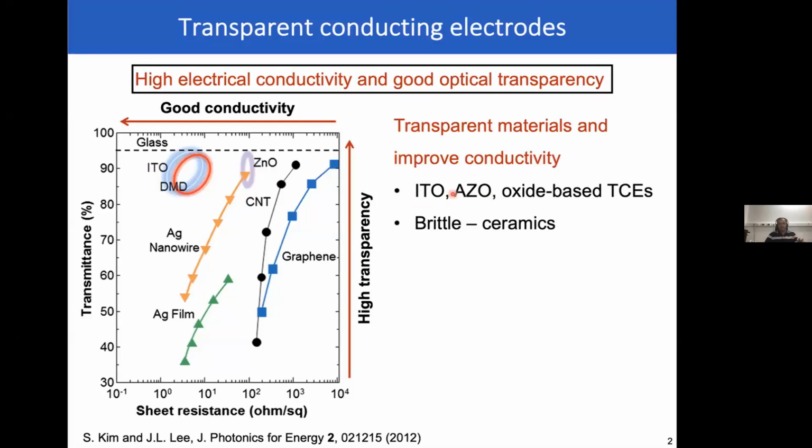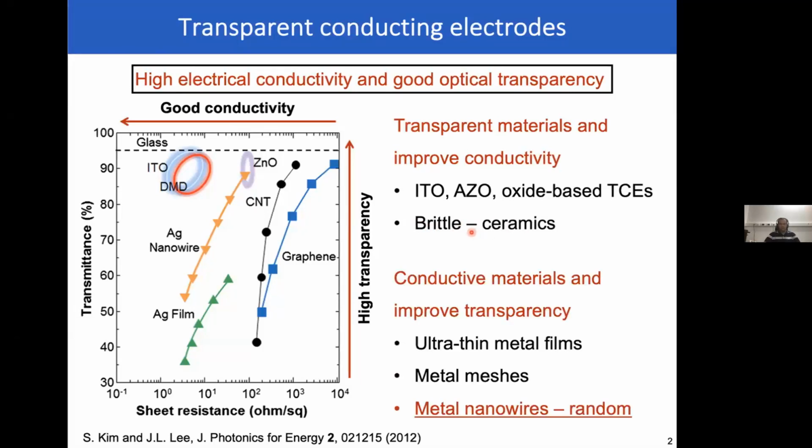These are typically wide band gap semiconductors, so they're transparent, and then by doping, they improve the electrical conductivity. Unfortunately, there's an issue with this. These are all ceramics, so they are brittle. So especially if you're looking at flexible applications, they would not really work out.